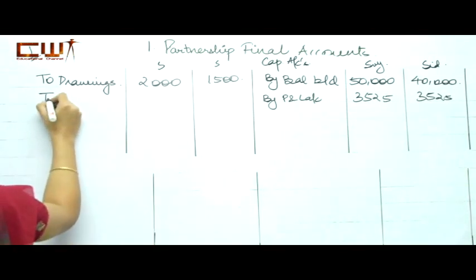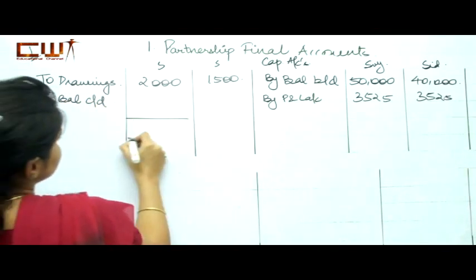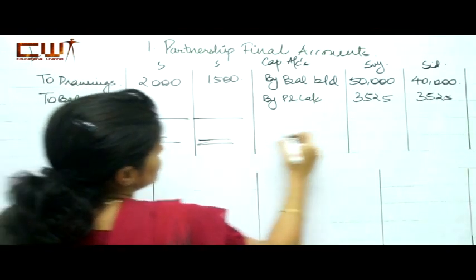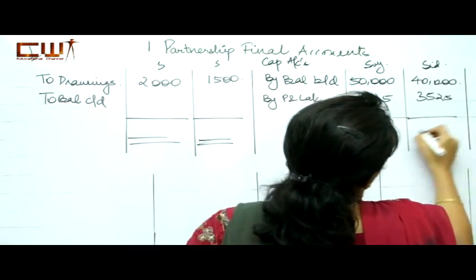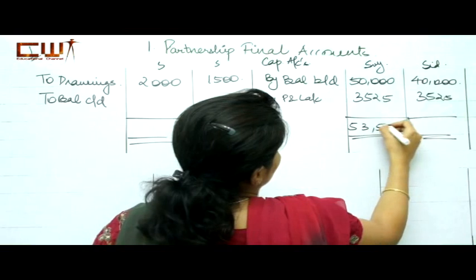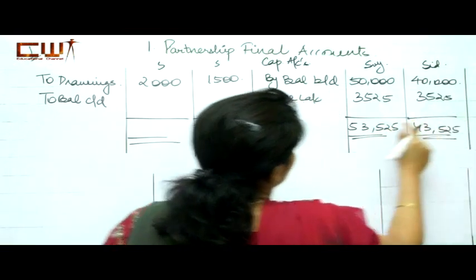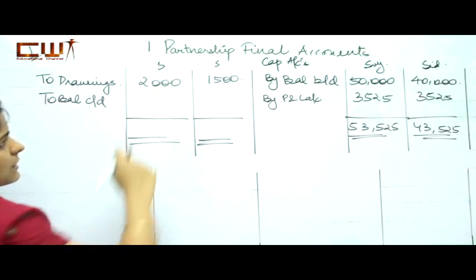So you will have the balance carried down, close it, add it up. This will be what? 53,525 and 43,525. 53,525 you will subtract by 2,000.